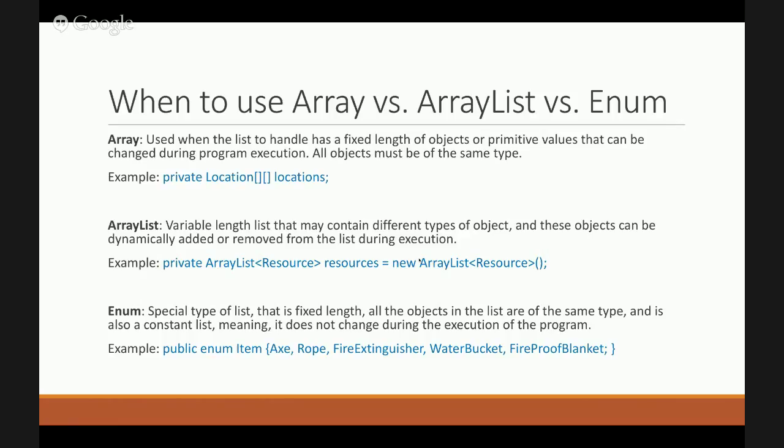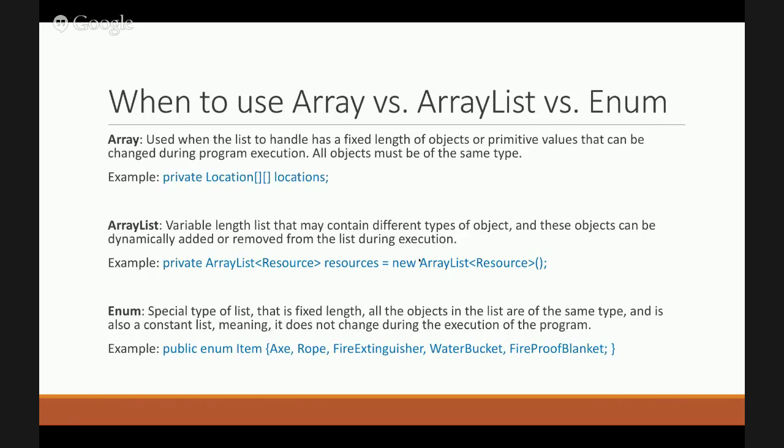The content of each of the array positions can change during the execution of the program, but the number of items within the array remains the same. In the example that I'm using here, it's an array of objects of type Location that actually has 2 dimensions.